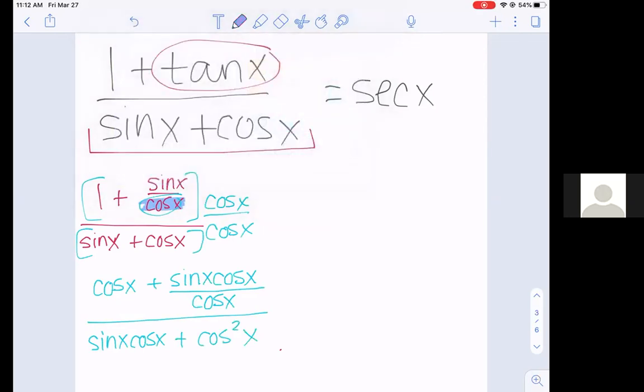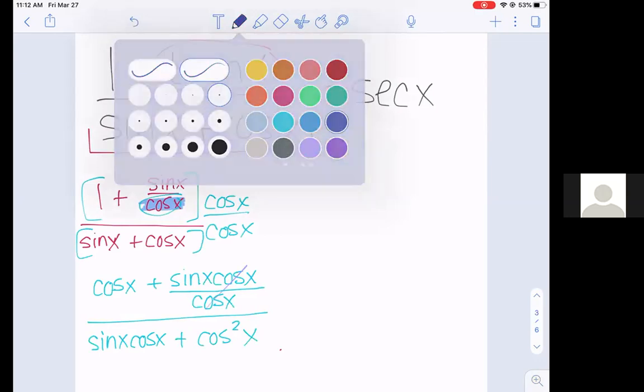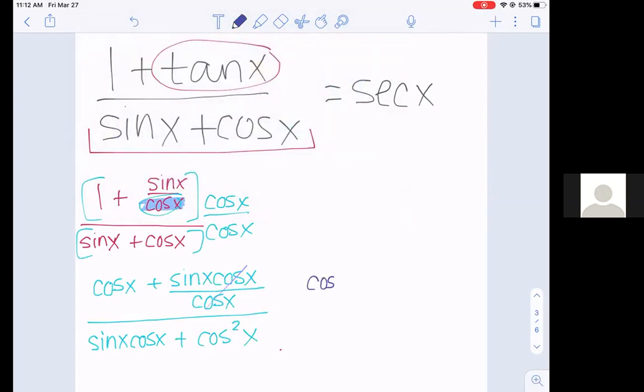Okay, so those cosines go away, and I'm left with cosine x plus sine x over sine x cosine x plus cosine squared x.